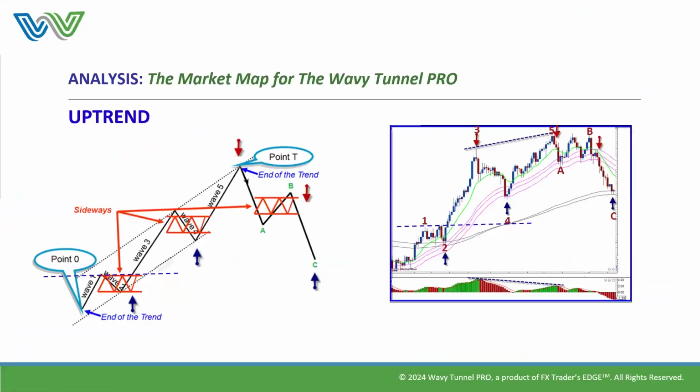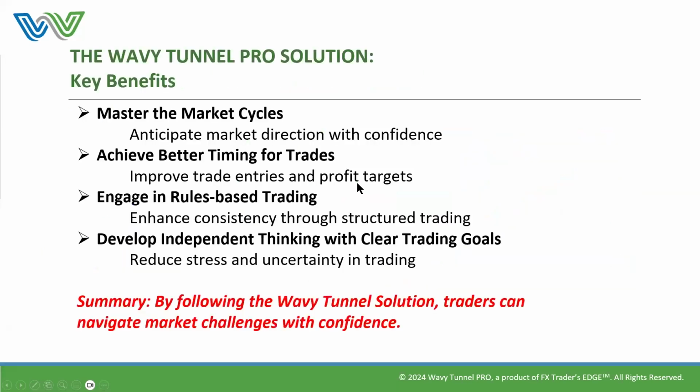Okay. And what's interesting here is you see the same pattern. Again, this is the ideal market roadmap or market map on the right, and it corresponds to the 8-wave market cycle. 5 waves up, 3 waves down, the 8-wave market cycle. So hopefully you've gotten to understand this now.